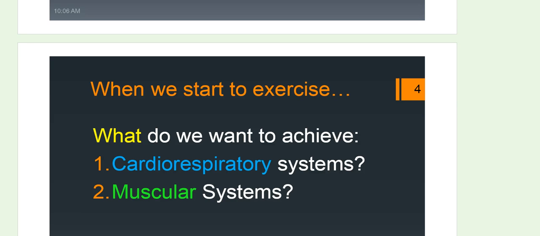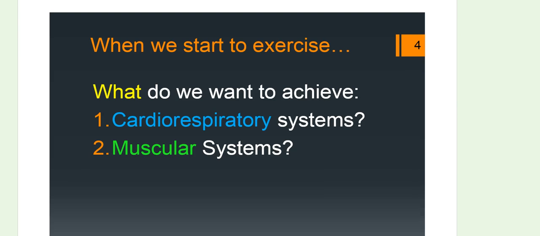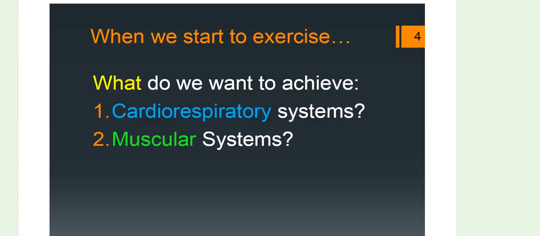So the first couple of things that we ask ourselves is, when we start to exercise, what do we want to achieve? And we're looking at this from a physiological perspective, and really with respect to two systems. The first being our cardiorespiratory system, and the second being our muscular system. So looking at our cardiorespiratory, the first thing that we want to do is increase oxygen delivery.